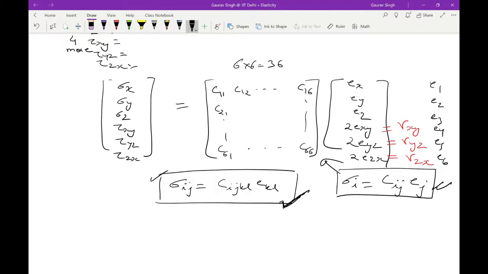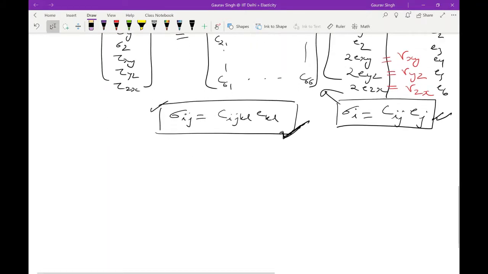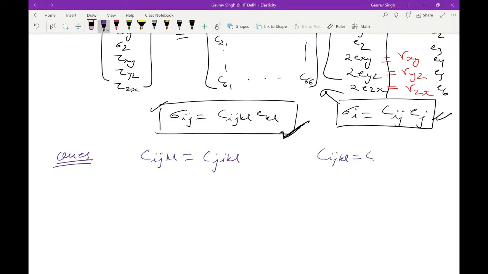So the first thing is also a question to be proved. It's a question, I think, from chapter 4 in the book, to prove that this elasticity tensor has the property that Cijkl is equal to Cjikl, and that Cijkl is equal to Cijlk.